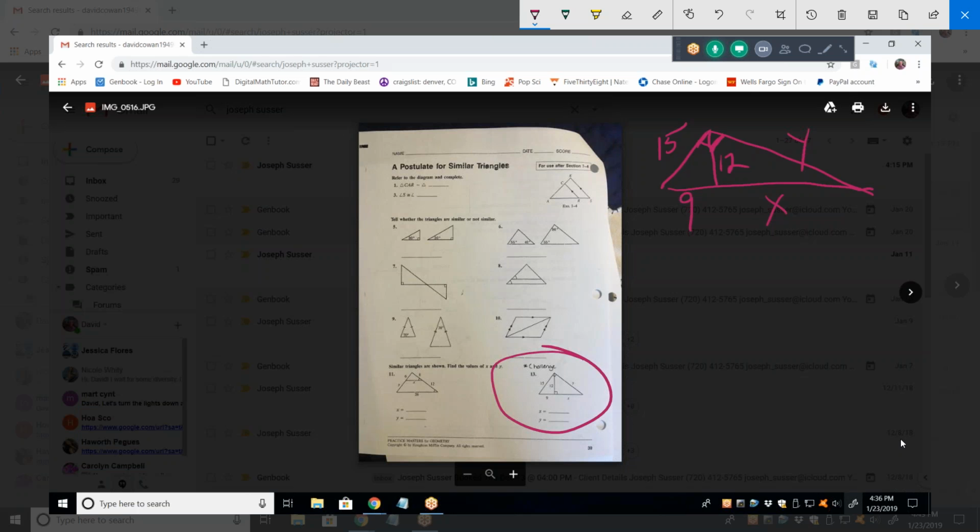So, give me one equation. In other words, when you see a geometry problem like this, the challenge is to come up with equations. It really is. Just come up with one and see if you can solve it. 9 over 15 is equal to... These two triangles are not similar, nor are they congruent.